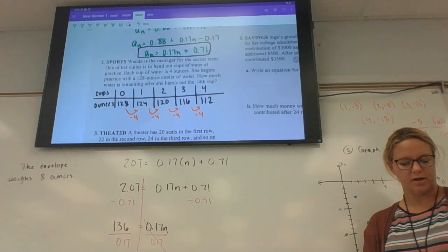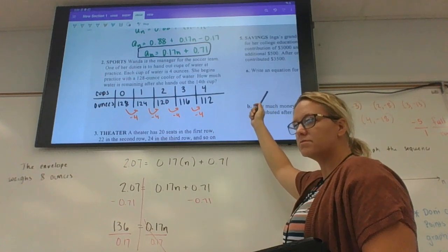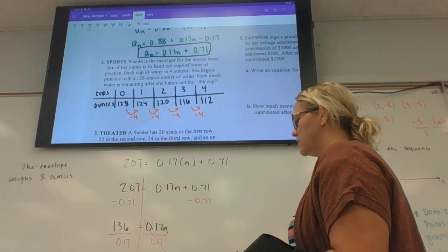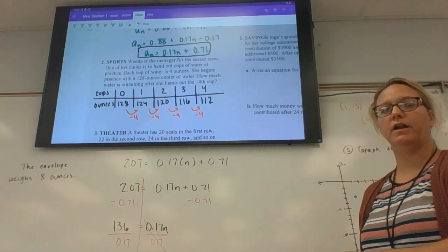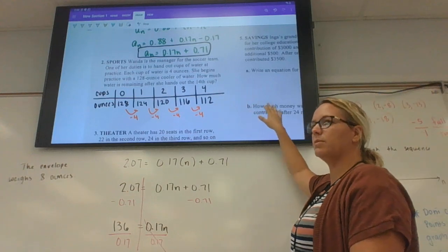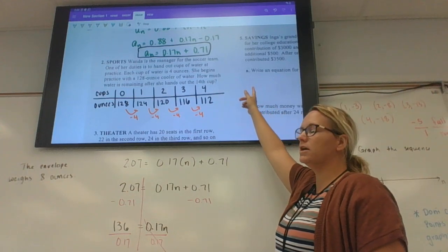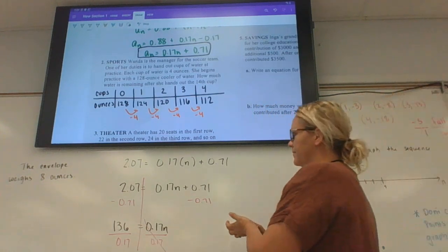Now, how much water is remaining after the 14th cup? We could just keep subtracting, right? Let's write an equation. If you want to keep subtracting, you go right ahead. I'm going to write the equation and you can check. If you want to continue the table until you got 14 here, you do that and you can check the answer I get with my equation.